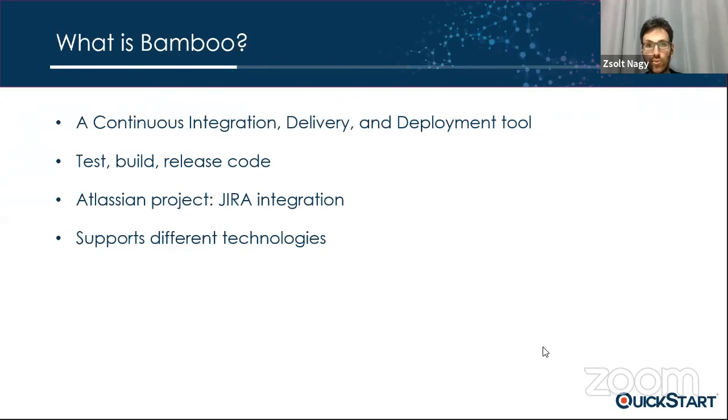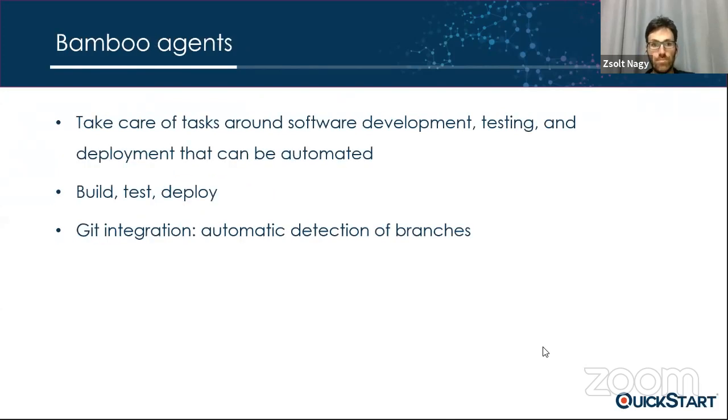In fact, if you wrote a book, for instance, in Markdown on GitHub, you can manage that too, although it's kind of pointless to use Bamboo for such a small purpose. Bamboo agents, as I said, take care of tasks that can be automated and enrich the experience of software developers.